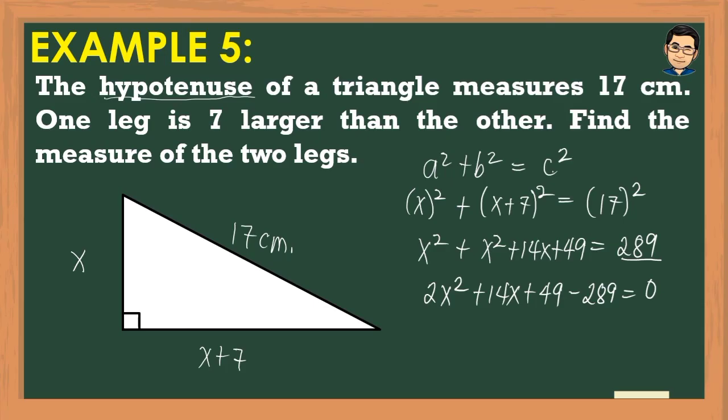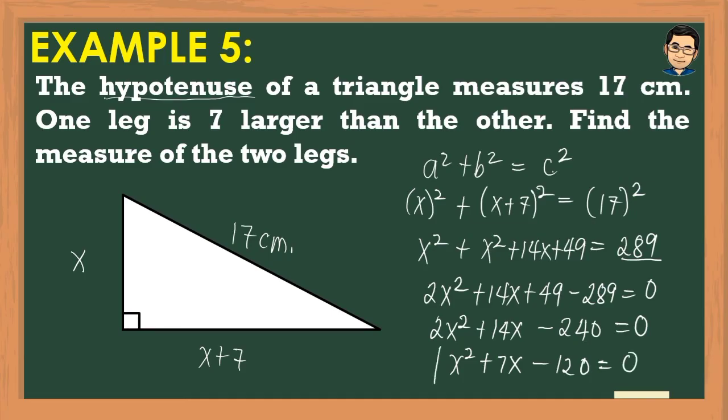And then 2x squared plus 14x, 49 minus 289, that is negative 240 equals 0. And then, divisible sa 2, yung mga numerical coefficients natin, pwede nating i-divide sa 2. So, magiging x squared plus 7x minus 120 is equal to 0. So, ito po yung ating equation ngayon.